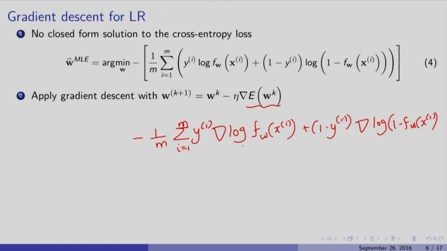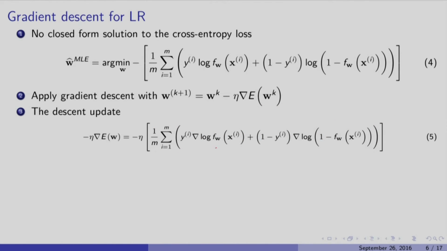Again, one can substitute for f_w(x_i). Recall that f_w(x_i) is 1 upon 1 plus e raised to minus w transpose phi(x_i). So one can apply the chain rule and realize that this gradient is nothing but phi(x_i) times a factor. What is this factor?